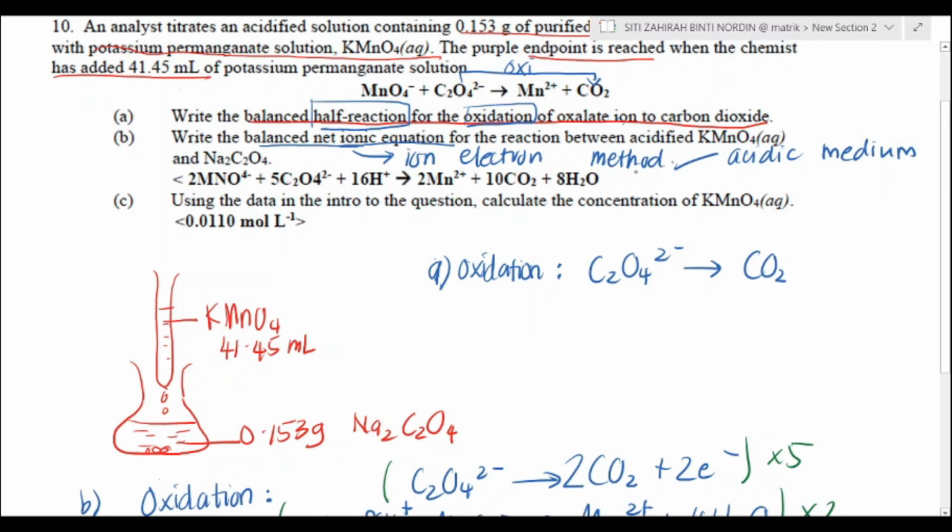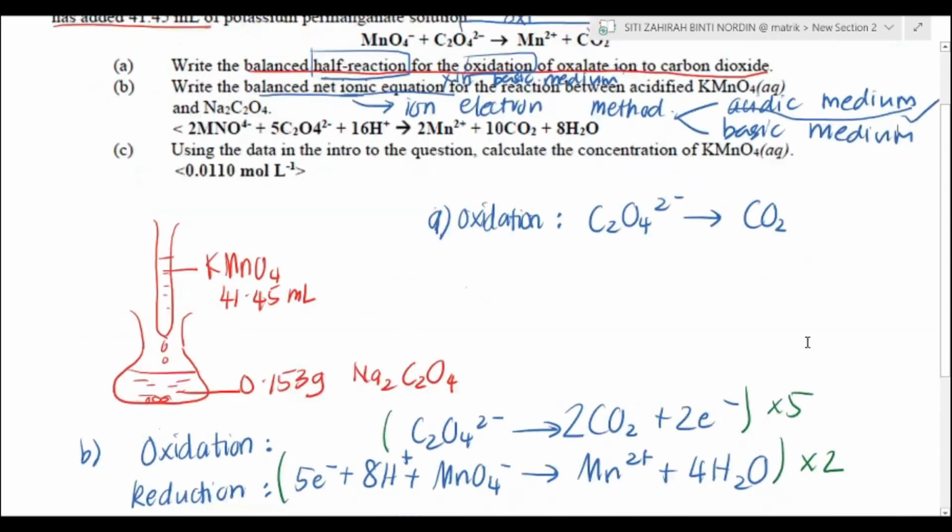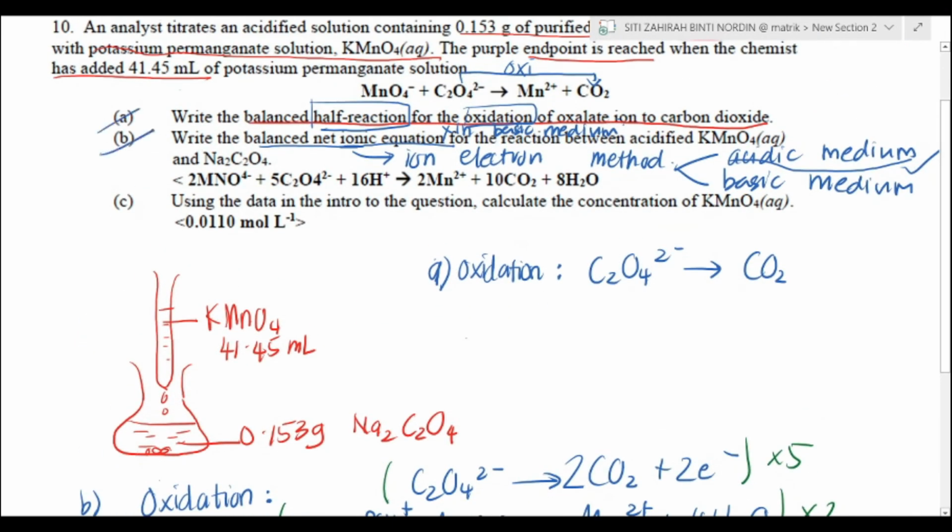If the question asks you to find it in basic solution, the question will state to find the balanced net ionic equation in basic medium. Only find it in basic medium if the question stated. If not, you can just leave it in acidic medium. Okay, so we are done with question A and B.